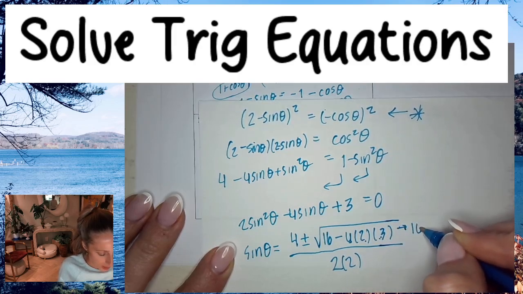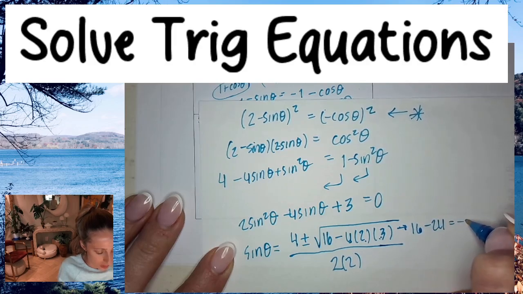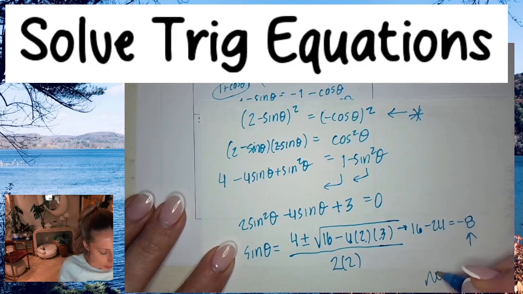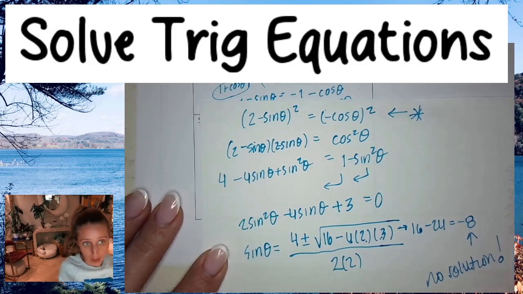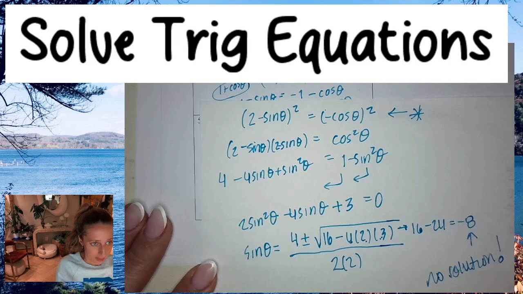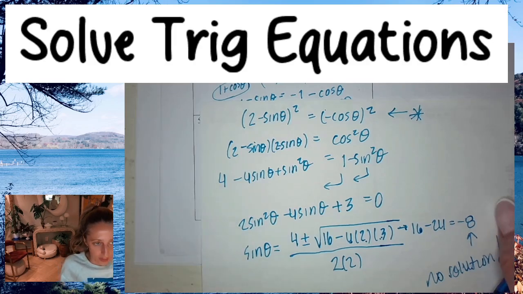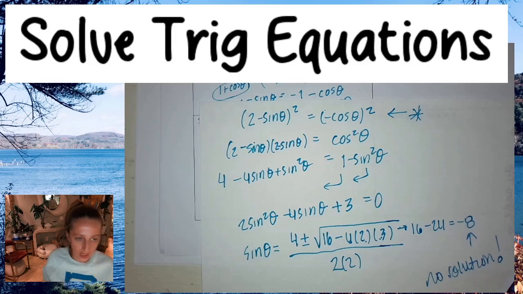So inside I get 16 minus 24, that's -8. You can't have a negative number under your radical, so no solution. If it wasn't negative under the radical, you'd keep going and it would turn into a calculator question. However, you get a negative number under your radical, so it's no solution.